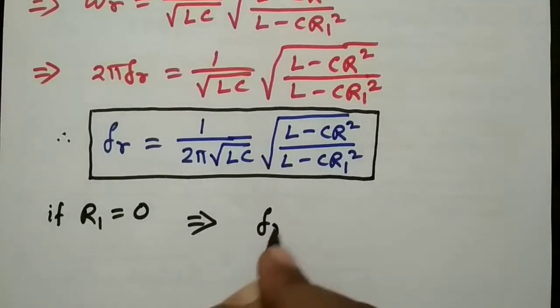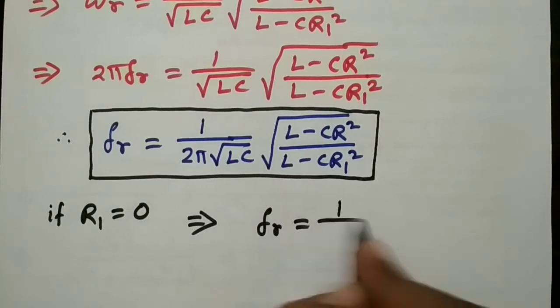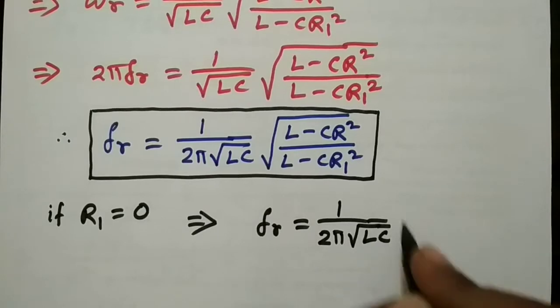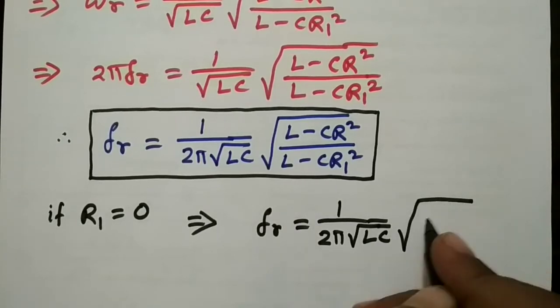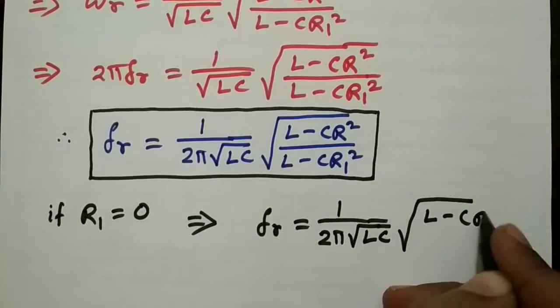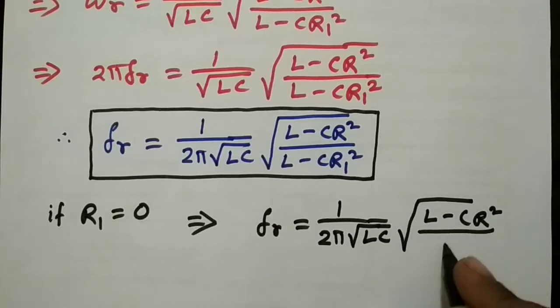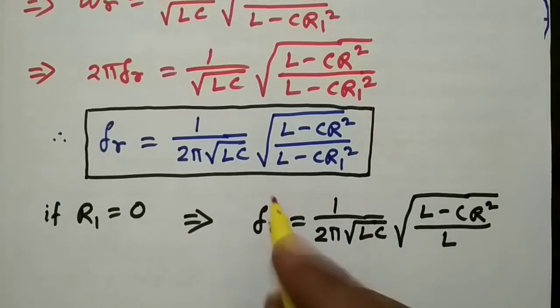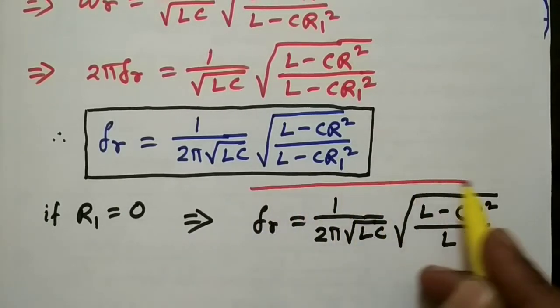So the value of FR will be equal to 1 upon 2 pi root LC square root of L minus C R square upon L. So if the resistance of the capacitive branch is equal to 0, then the corresponding resonant frequency can be represented by this expression.